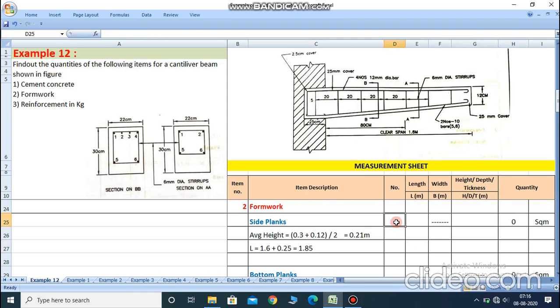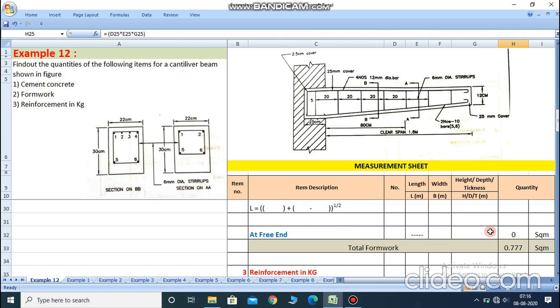Now in the side plank, two planks are provided, first on the forward side and second on the back side. So we write 2 multiplied by 1.85 multiplied by 0.21, and we got the answer 0.777 meter square.